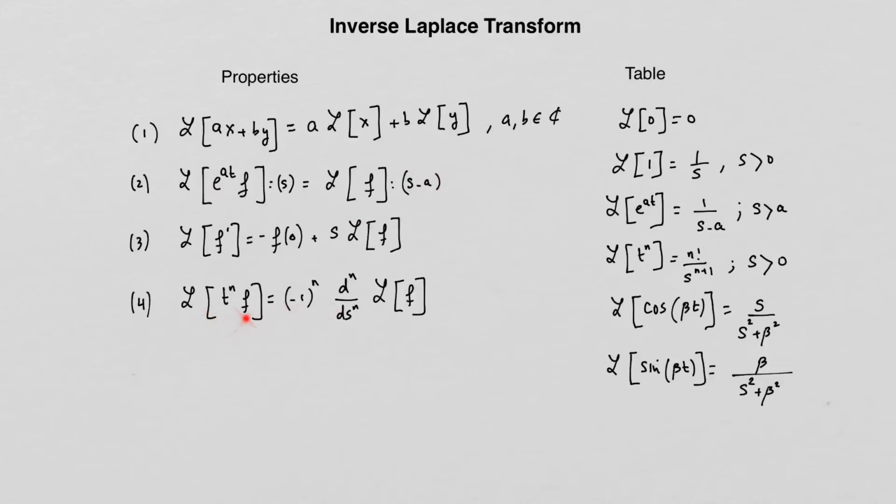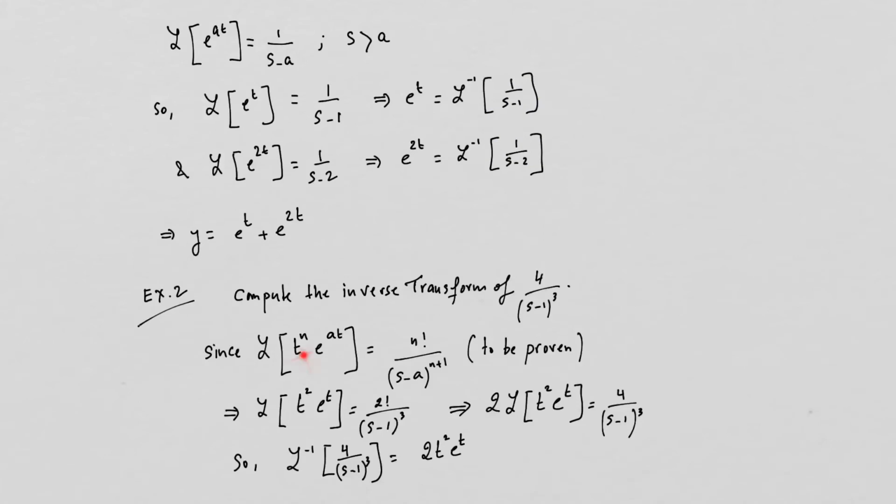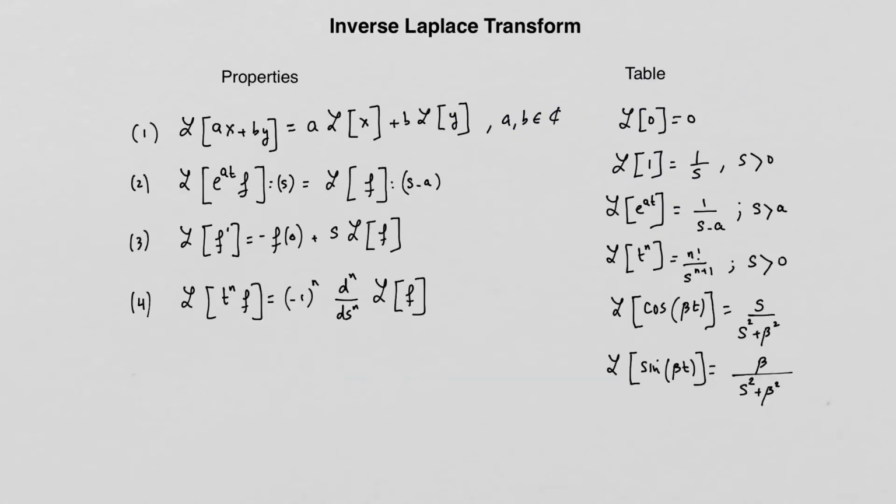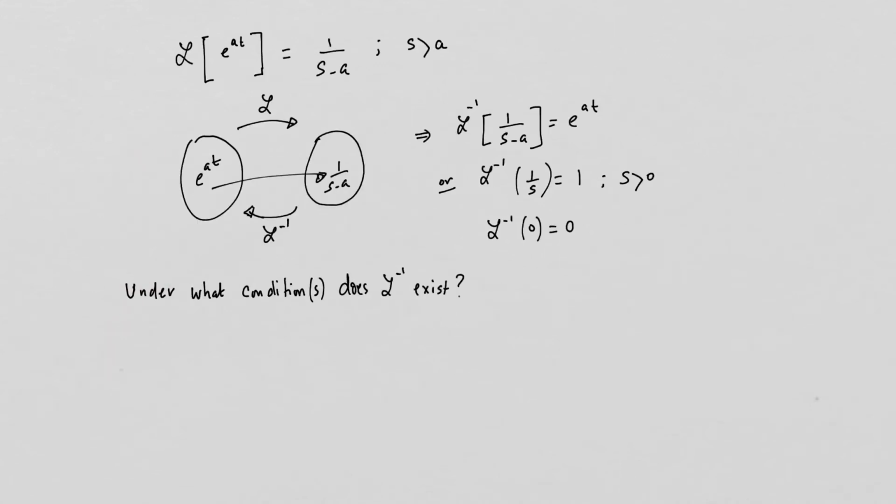Or you can go here and call this e to the at and use that. These two will not help you because they are separate, and I'm looking for Laplace of the products. We know what each one of them is, but we don't know Laplace of the products. And you have no right to say that Laplace of the products is the product of Laplaces. So you would need to use either 2 or 4 for your homework.